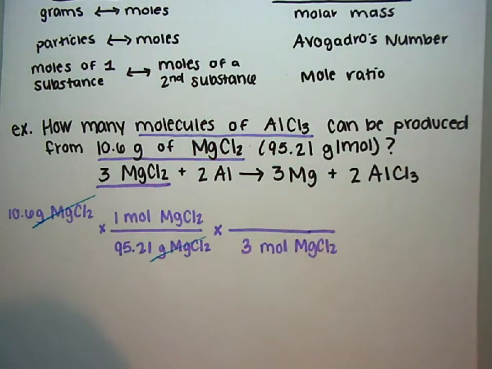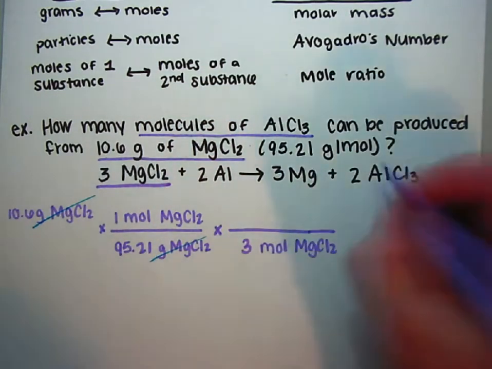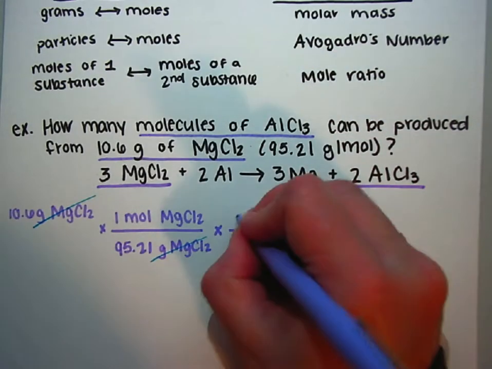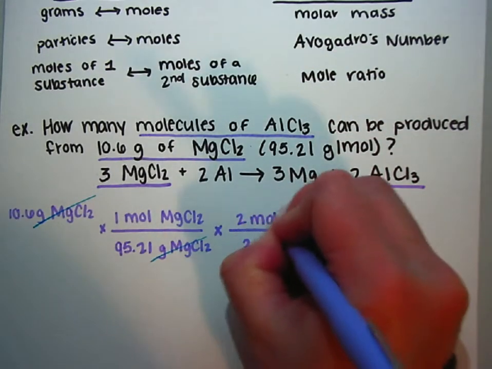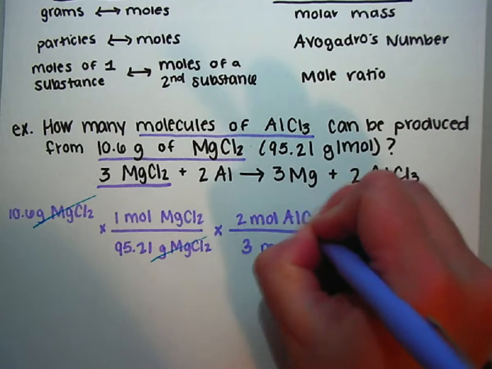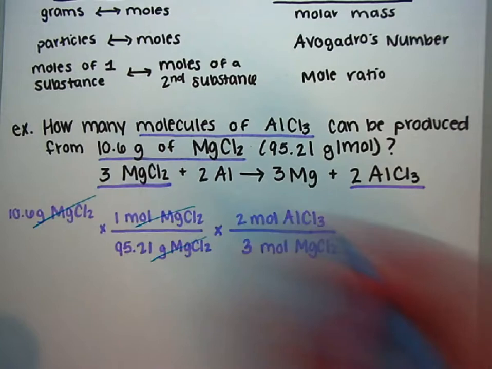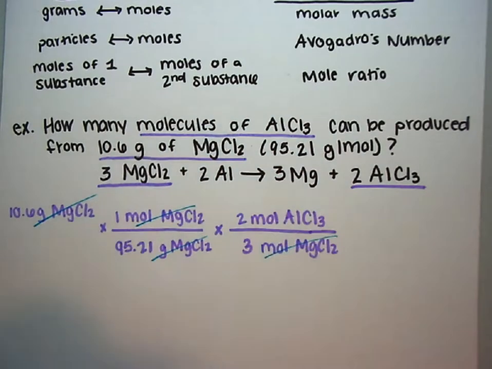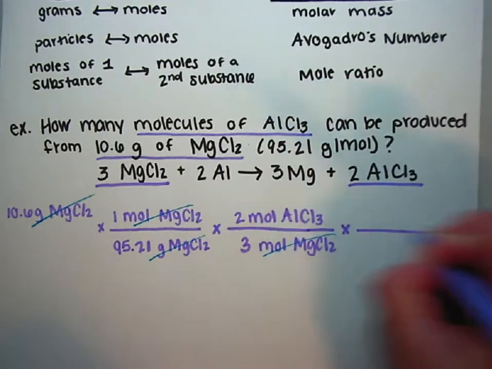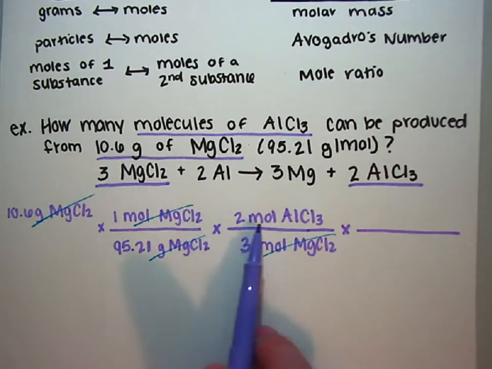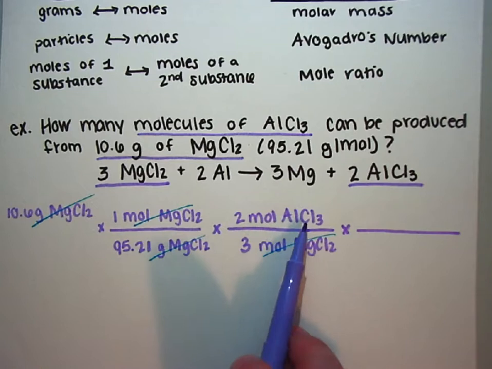Whatever you're solving for always goes in the numerator. 2 moles aluminum chloride. Moles of magnesium chloride divided by moles of magnesium chloride will cancel out. So now I'm at moles of aluminum chloride. All of my other units canceled out.